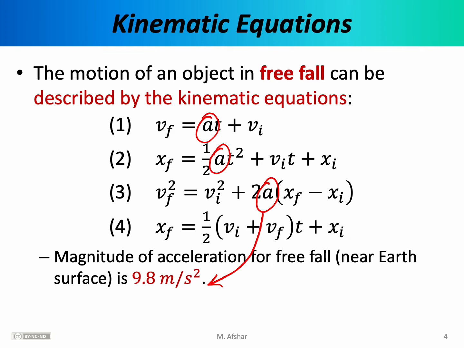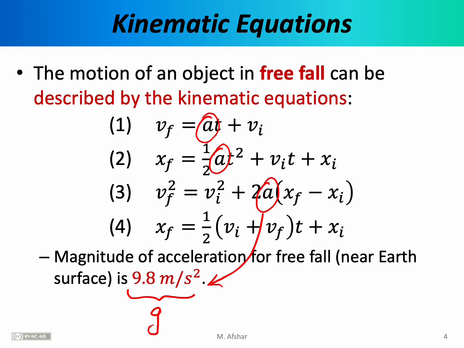This number is so common and seen so frequently that we often denote it using the letter g. So going forward, when you see the letter g in an equation, you just need to remember that it stands for acceleration due to gravity in free fall. And usually we're talking about planet Earth, so you can replace g with 9.8 meters per second squared.